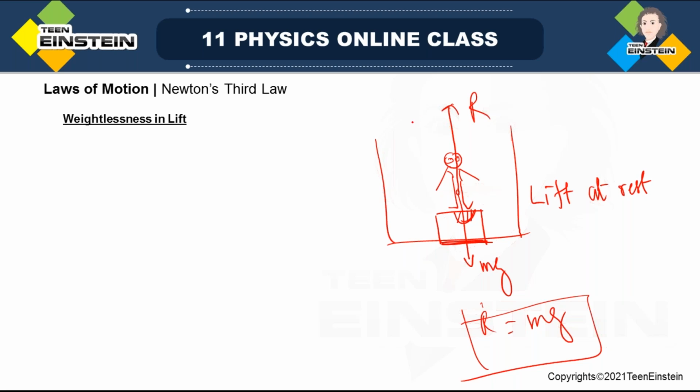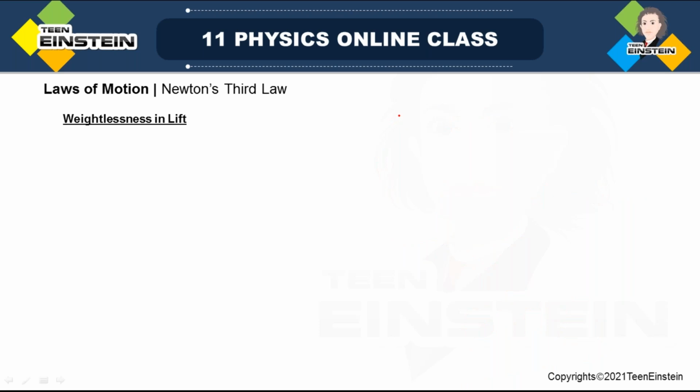Now we'll see what is called weightlessness. In this case, R is what I'll call apparent weight. So this is called apparent weight.